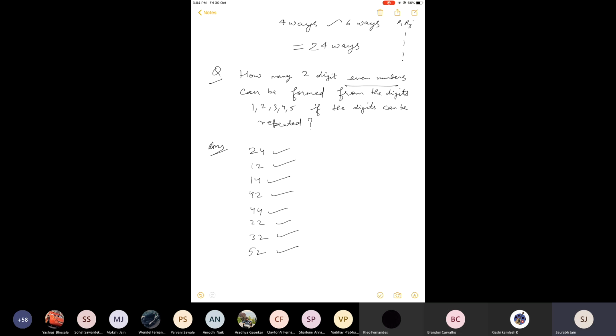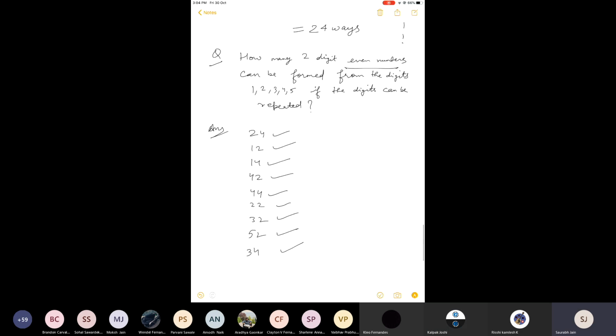Any other number? 34. Yes, 34 was not here. Any number which is not written here? 54. Right. 54. Any other number?